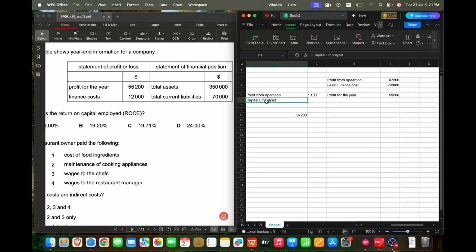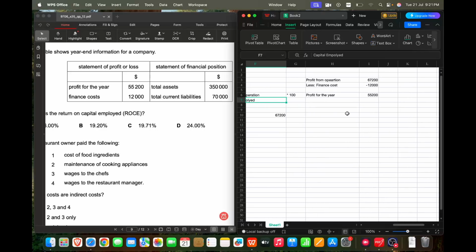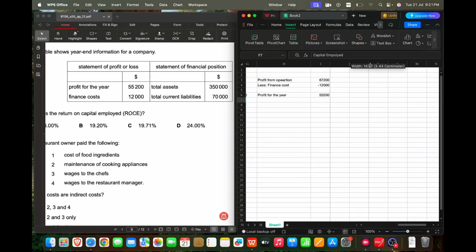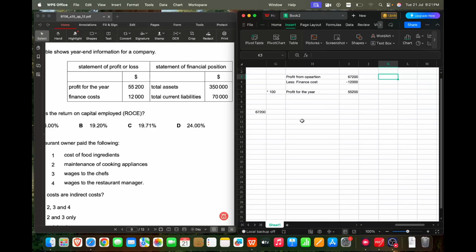Now we need to calculate capital employed. Let's do it here.